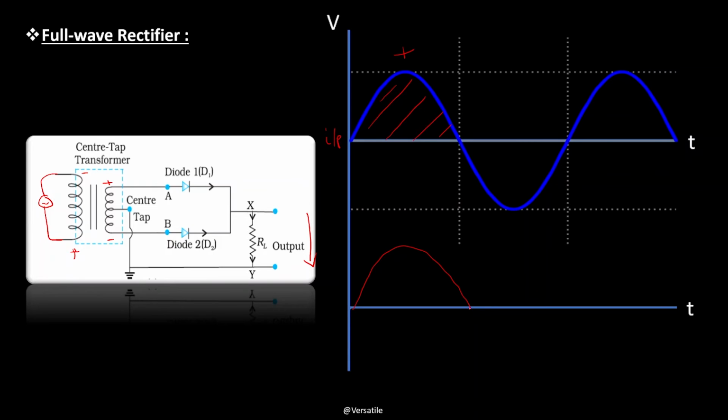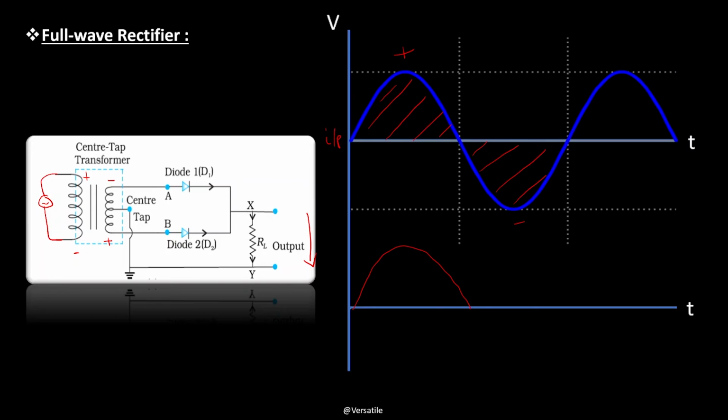And in the negative half of the AC input cycle, the polarity changes. And now the diode D2 is in forward biased condition and the diode D1 is reverse biased.